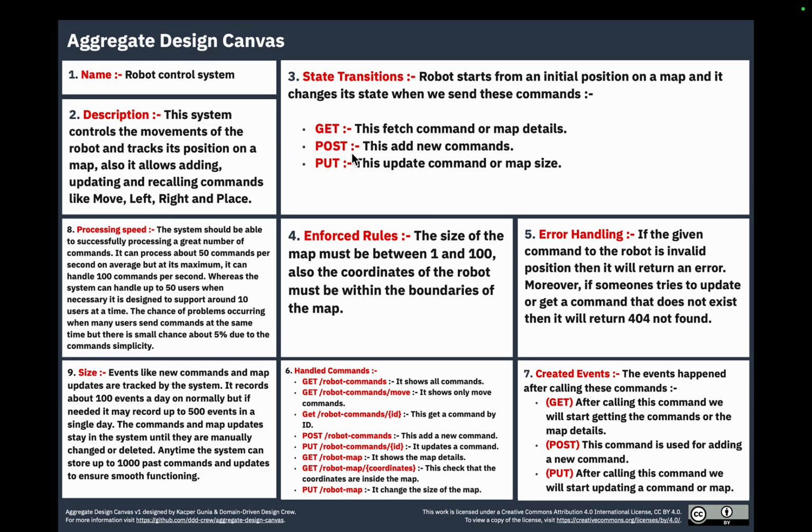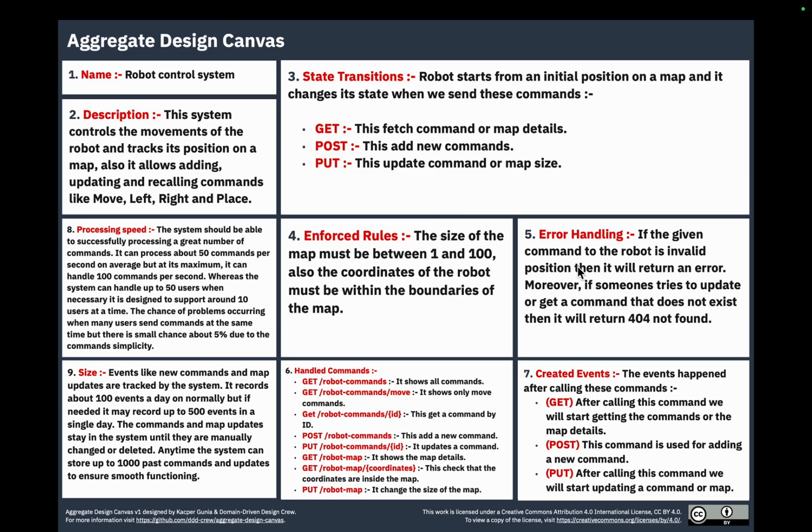Here are the state transitions, like the robot starts from an initial position and its state changes when we send commands like get, post and put. After that, here are the enforced rules, like the map size must be between 1 and 100 and the robot's coordinates must stay within the map boundaries.